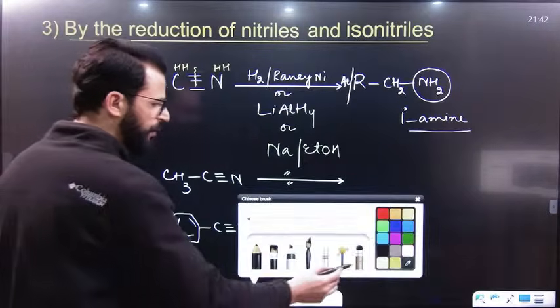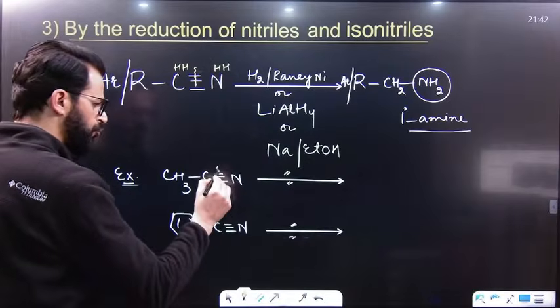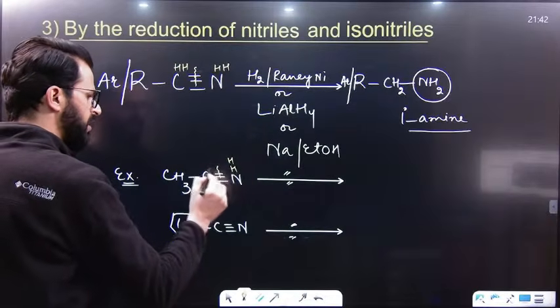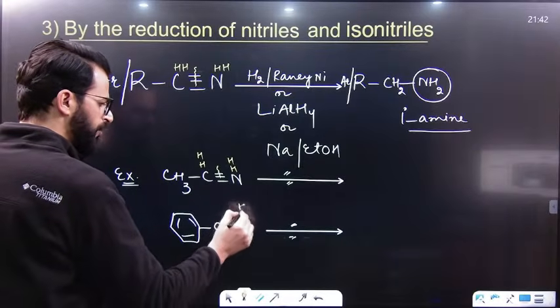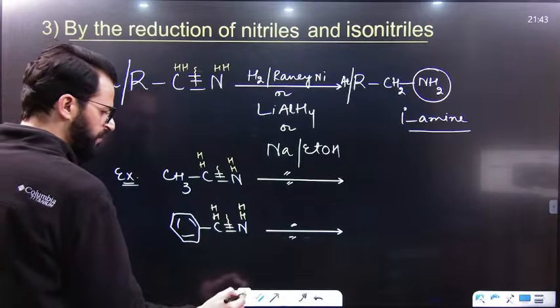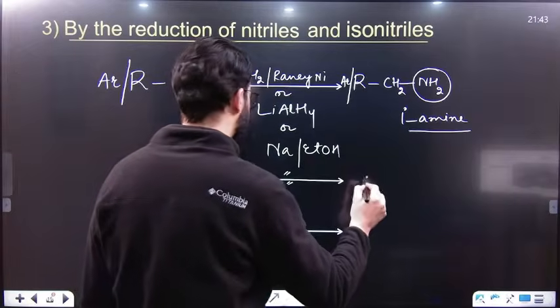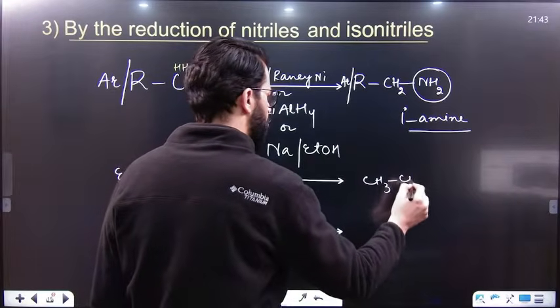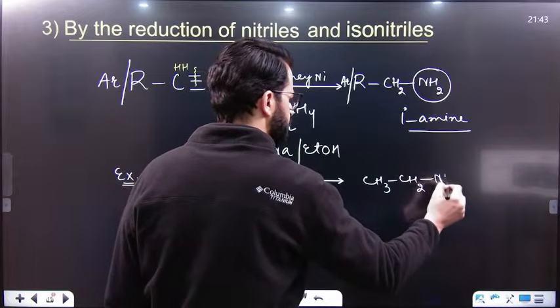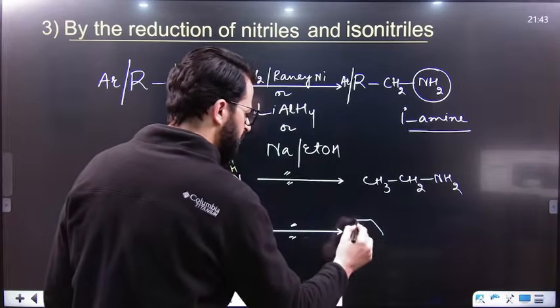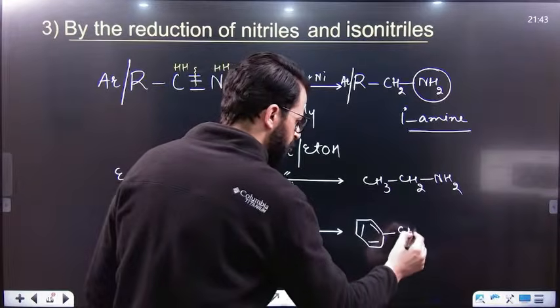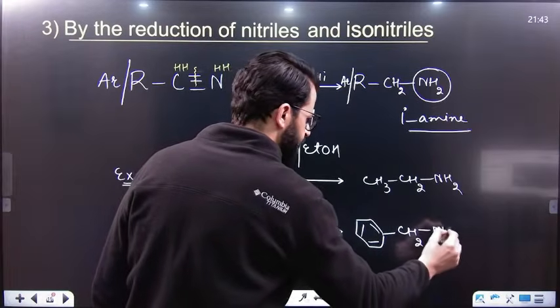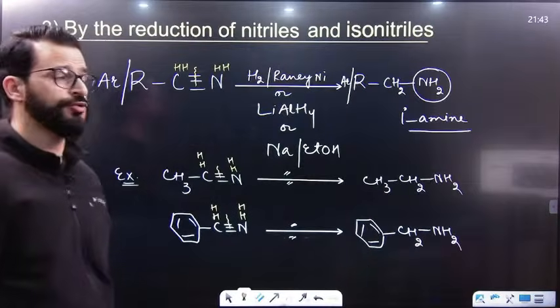What we have to do is break two bonds, add two hydrogens here, two hydrogens here. So what will be the product? The product will be simply CH3CH2NH2. And here it will be the benzene ring with CH2 and then NH2. I hope this is clear to each and every one.